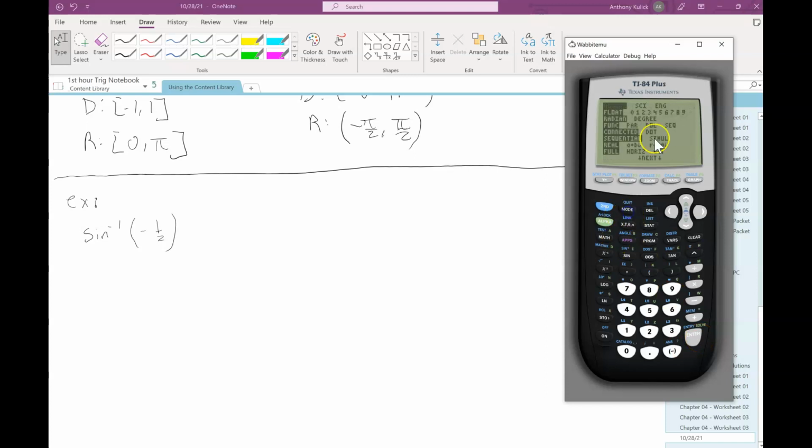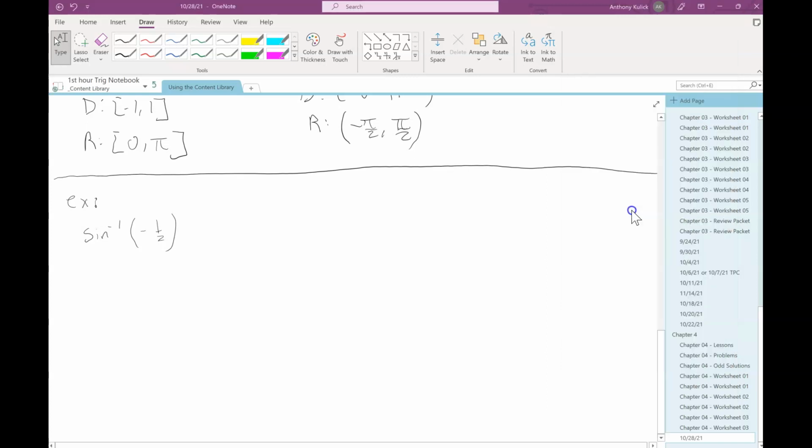Should probably make sure our calculator is in radian mode. And that's it. So negative 0.524 or so.